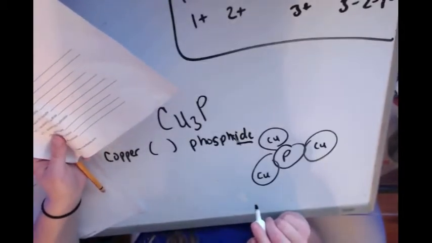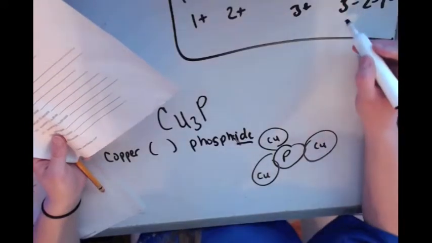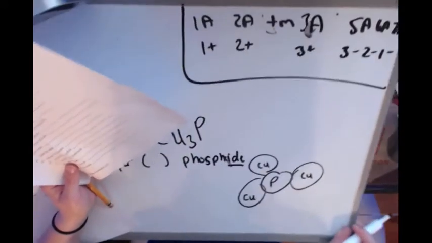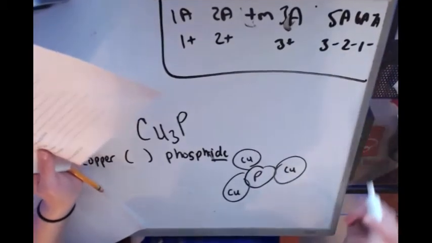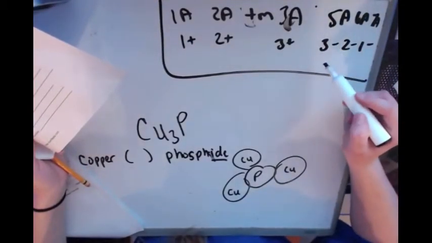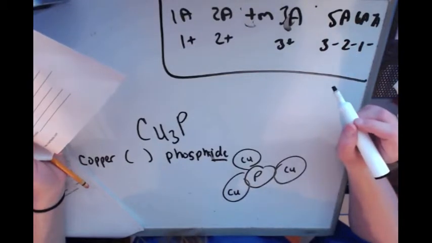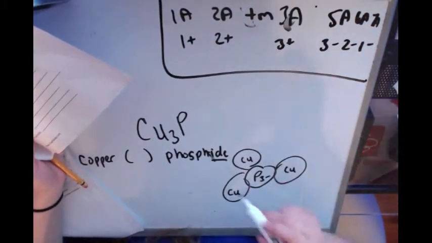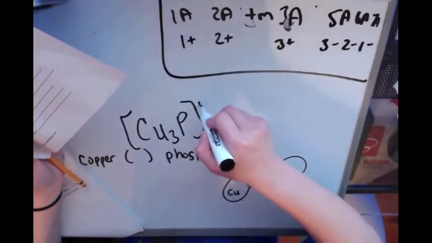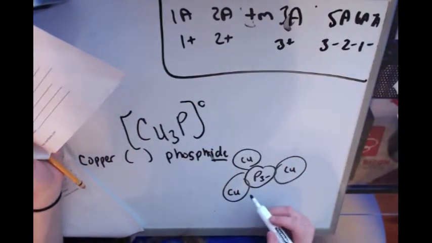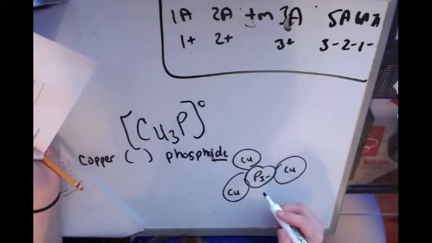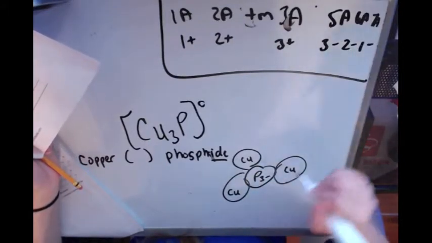Now phosphorus is in the 5A column, so it has a charge. Let me pull this down. Phosphorus is in the 5A column, so it has a charge of 3 minus. So this one here is 3 minus. And this has to be a neutral compound, right? So what charge can we give to 1 copper atom to negate the 3 minus charge?